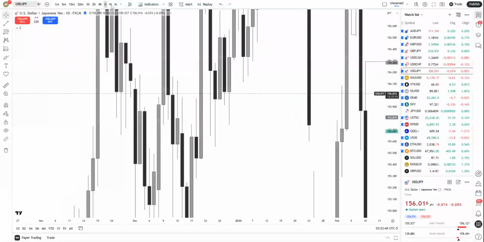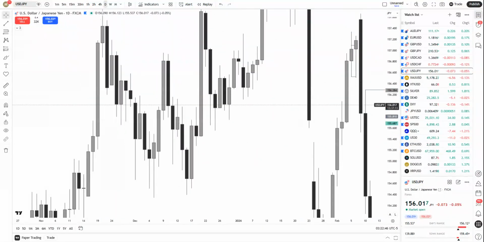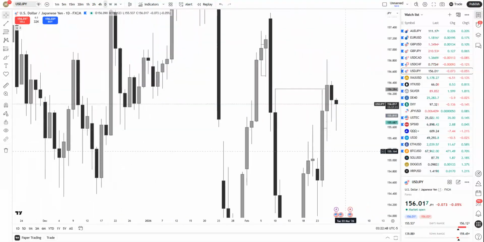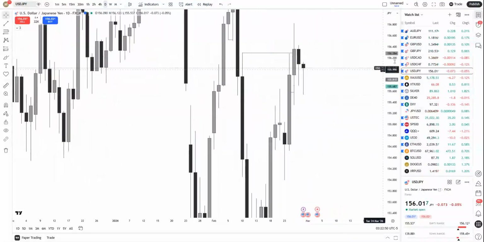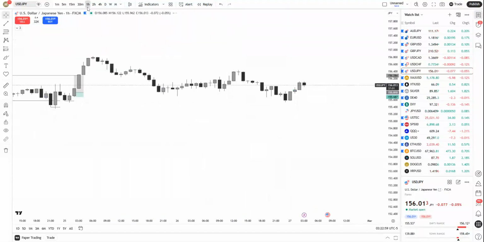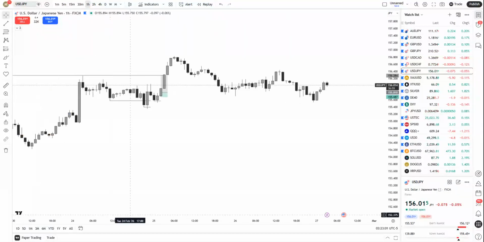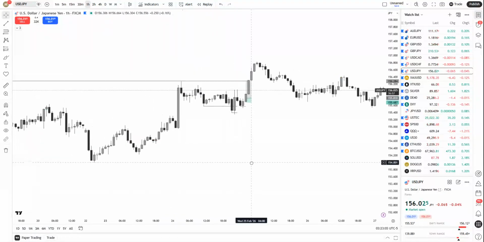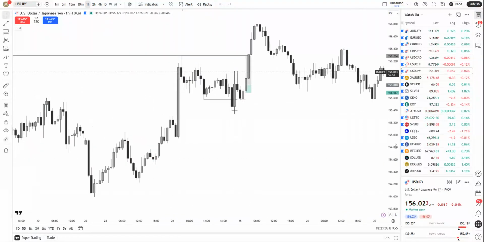But if I go on to daily, as you can see, we had that big bullish candle closure. Then, I do apologize, I went on to the 1 hour.